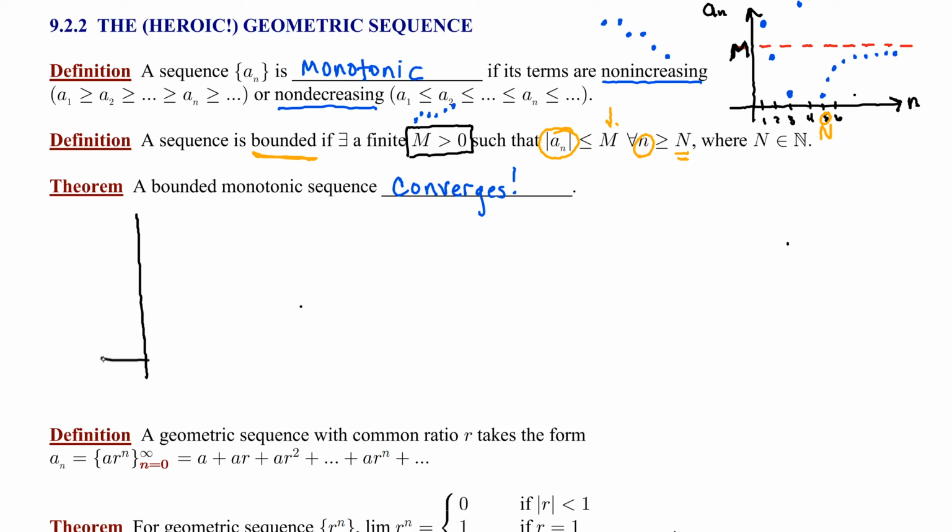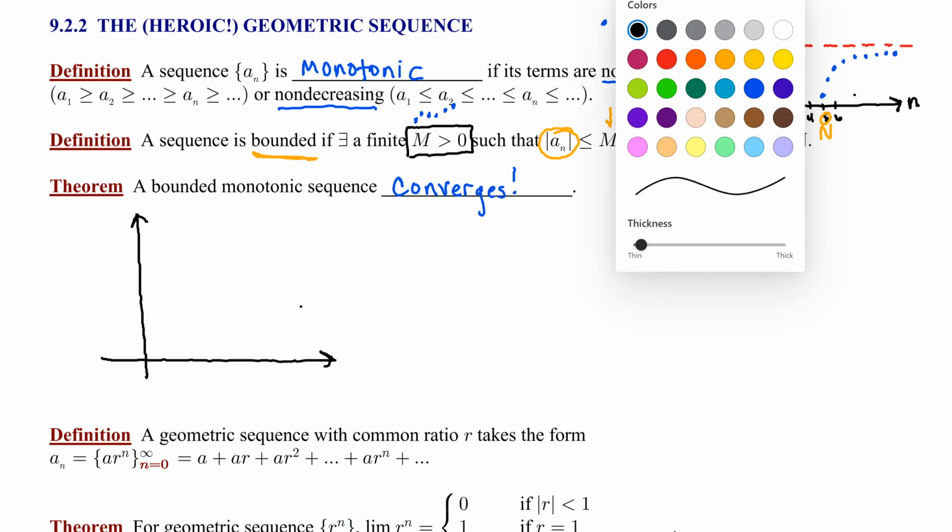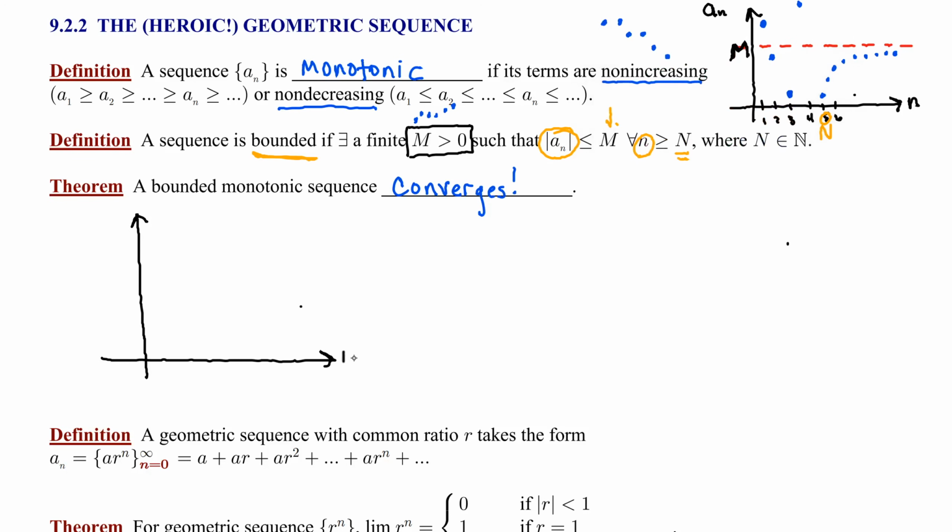Let's look at a couple of pictures to better understand what's going on. Again, I'm going to assume that we are plotting the position of the particular element of the sequence versus its value. We are going to assume that the sequence is bounded. That means it's going to have some sort of upper boundary line, and we'll call that value M.